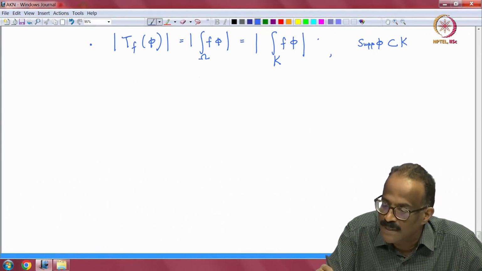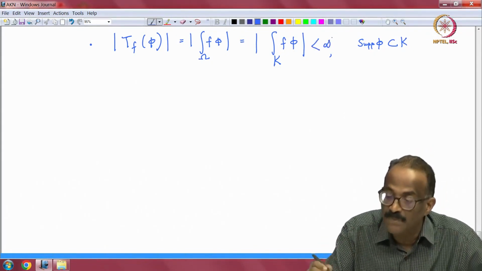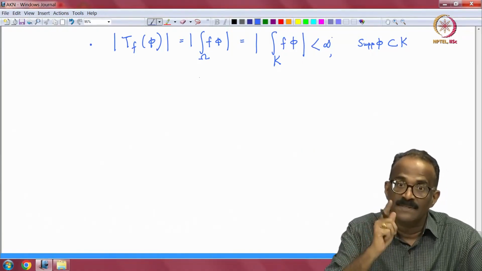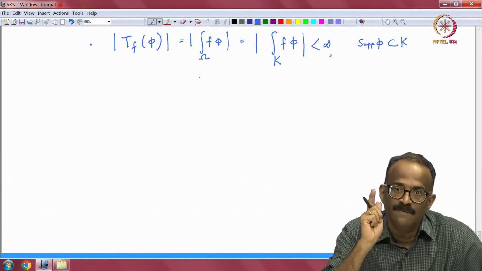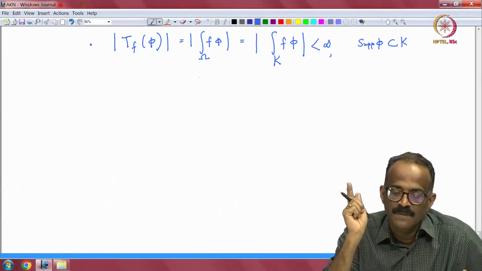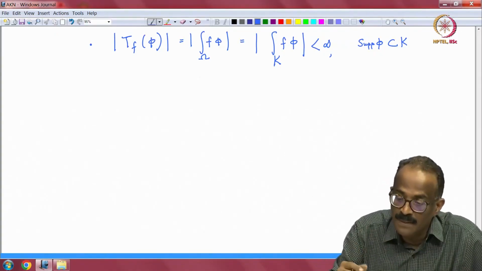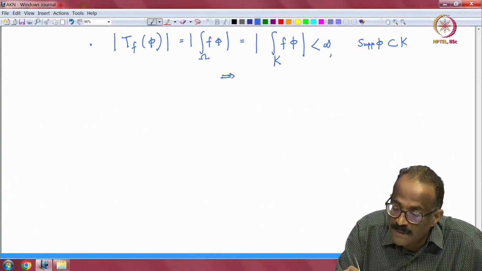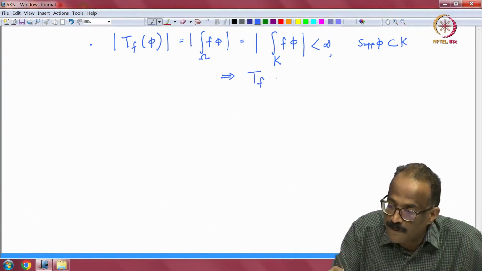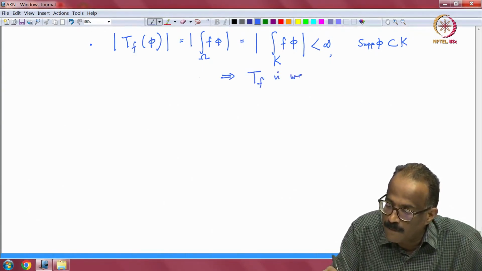So, that gives you finiteness. So, why I am writing, even though it is trivial, these are the steps you have to check even for non-trivial examples. Okay, so, that is a finite quantity. So, this implies Tf is well defined. Okay.